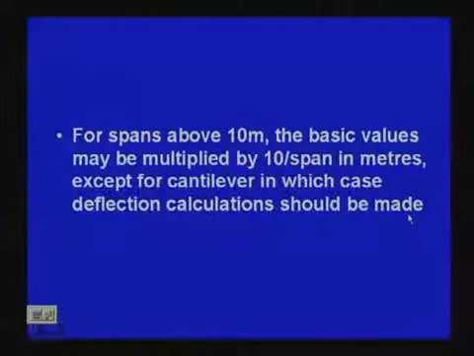That means for a cantilever beam or slab, if it is more than 10 meter, then you have to calculate the deflection. Otherwise, we can multiply with that 10 by span factor, find a new value, and use it. So you started with a basic value, then we modify it according to the span, that is one modification. We can say that is your K1.